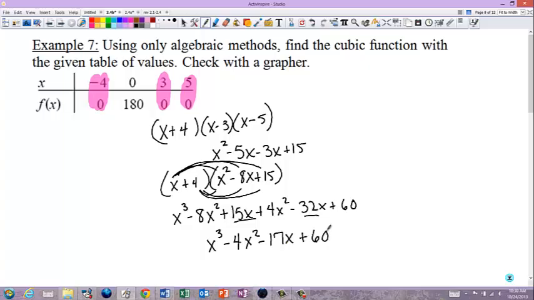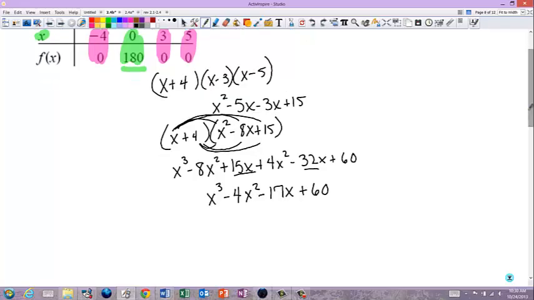Is that right? Yes. And then the other piece of the puzzle is that if I plug in a 0 where my x is, I get 180. Right now, if I plug in a 0 where my x is, I get 60. It's not big enough. It's not big enough by a factor of 3.